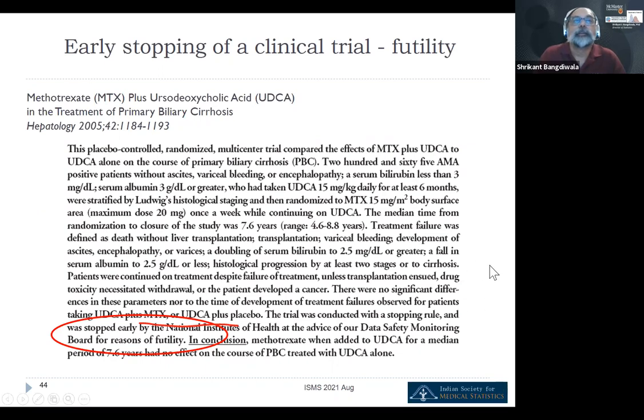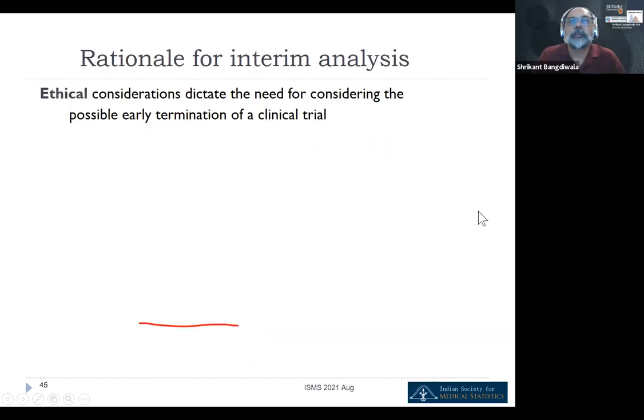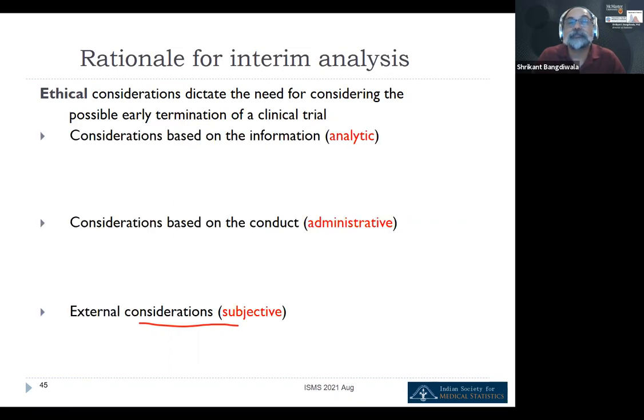So as I mentioned yesterday, when talking about DSMBs, the rationale for interim analysis is driven entirely by ethical reasons. And there are three types of considerations that come into this: the analytic ones based on information, administrative ones based on the study conduct and progress, and subjective ones which are external to the study, other studies coming up with things.